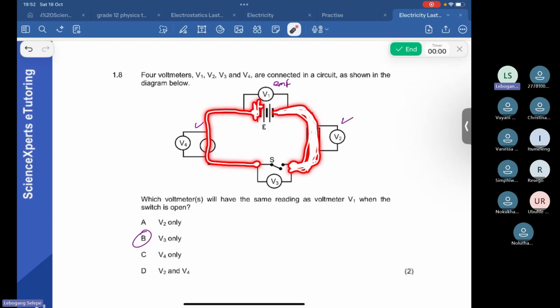Can you see V3 is still connected to the positive terminal? So it's connected to the negative terminal of the battery and also connected to the positive terminal of the battery. Therefore, it registers what? EMF when no current is flowing. So that's V3. V2 and V4 would read 0.